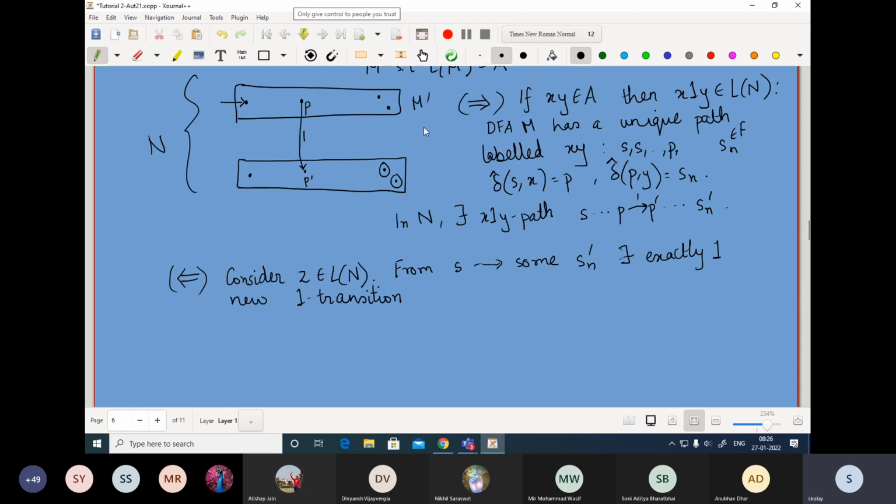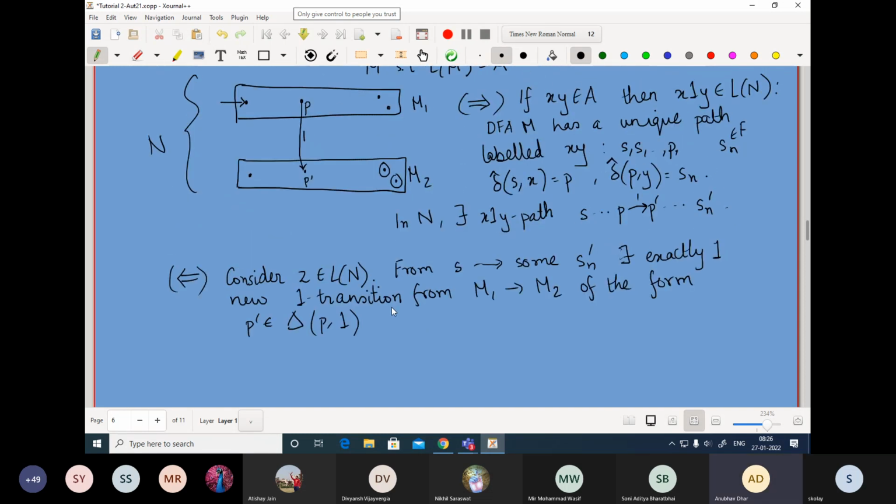I'll call the copies M1 and M2, from M1 to M2 of the form: P dash is contained in delta of P1, right? Yes, ma'am.